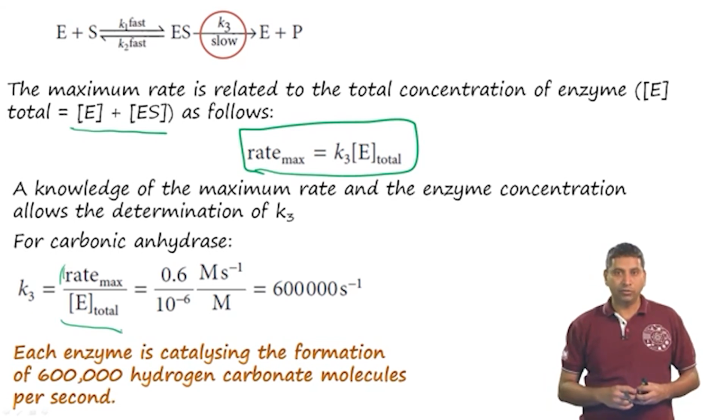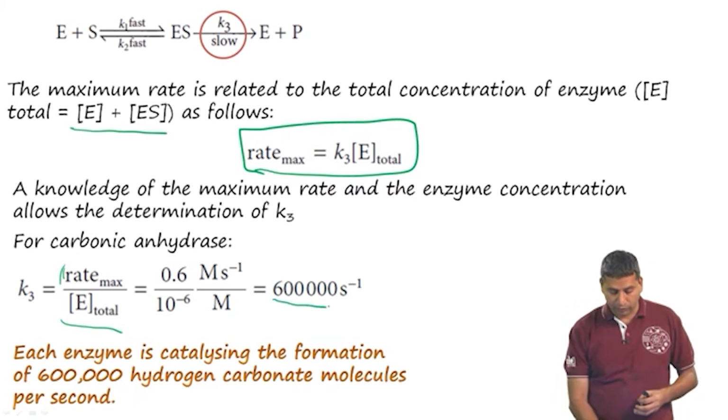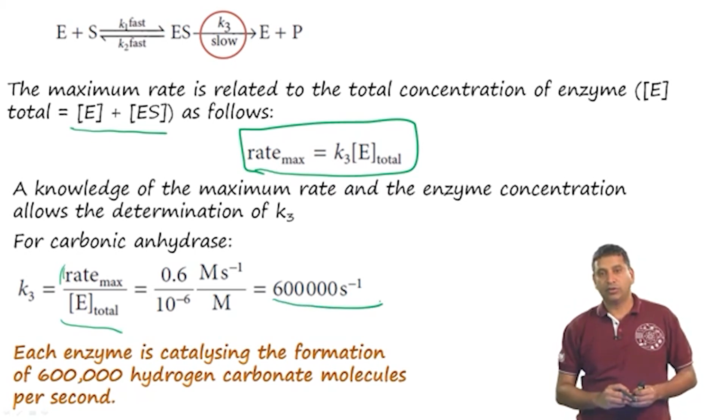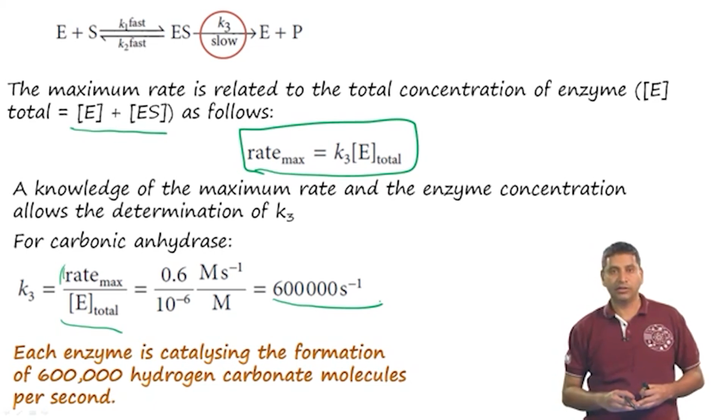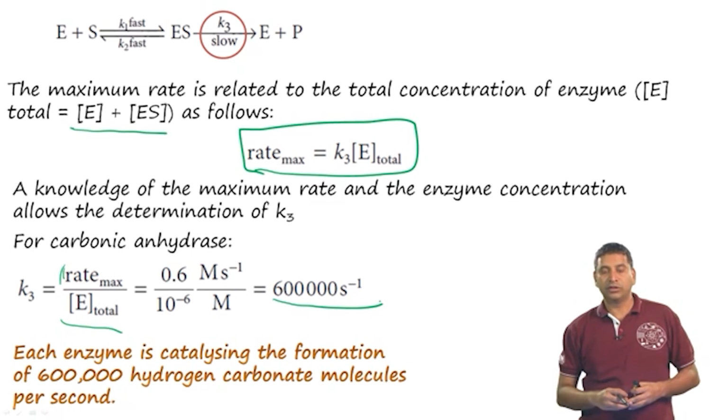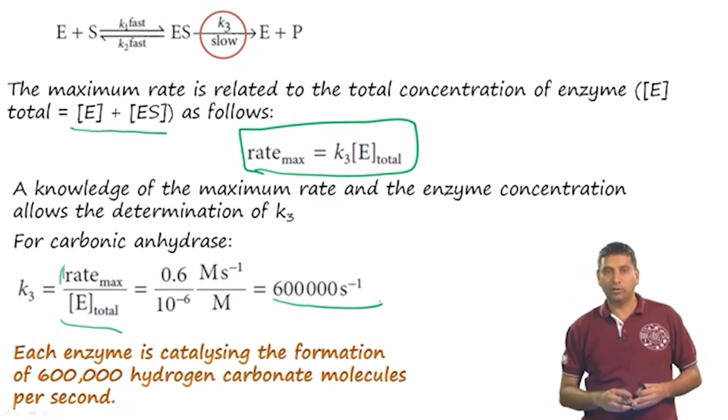If I divide these two numbers, I get a value of 600,000 per second. Okay. So, this is quite a large number for turnover. The example we are looking at here is carbonic anhydrase, which basically converts carbon dioxide to hydrogen carbonate.